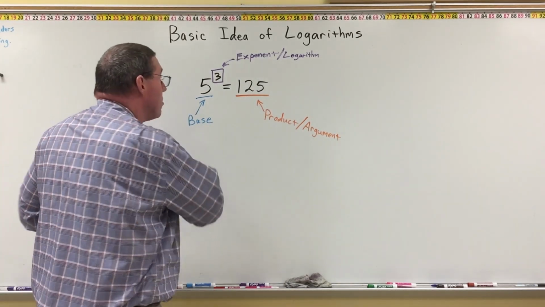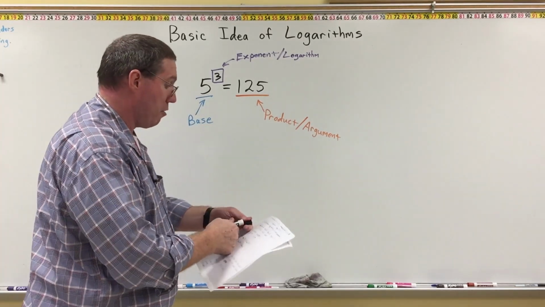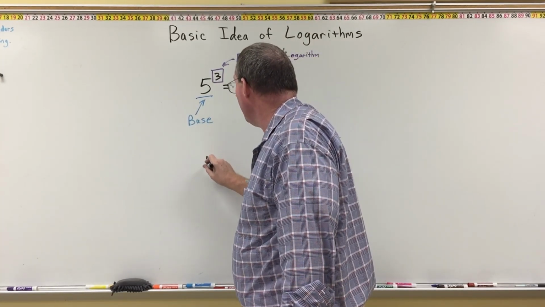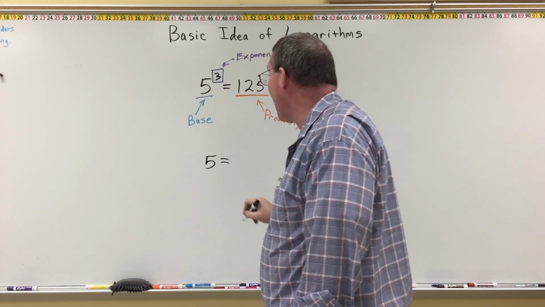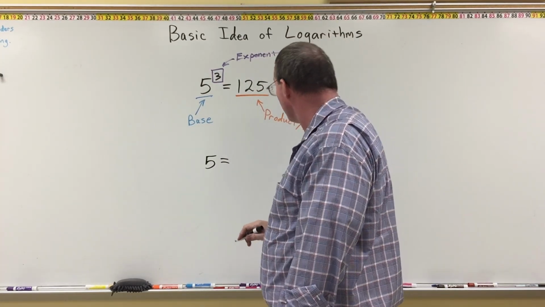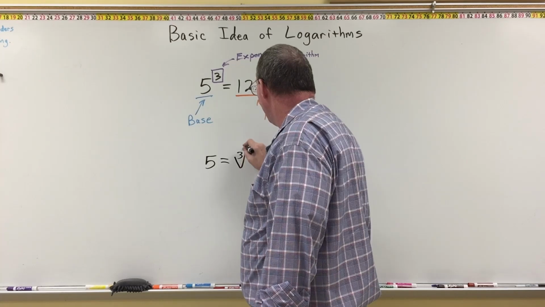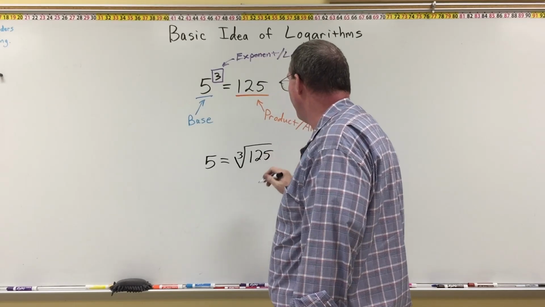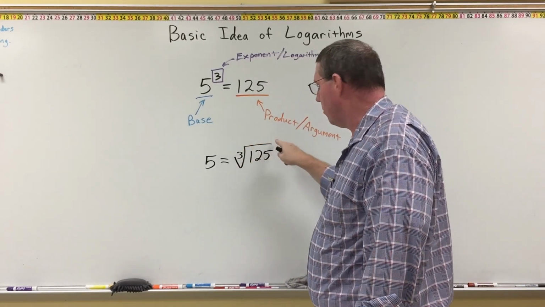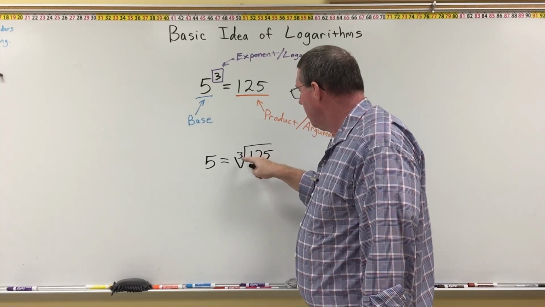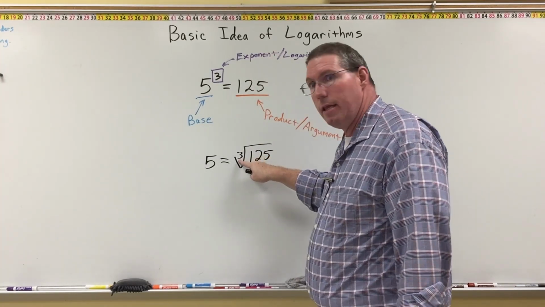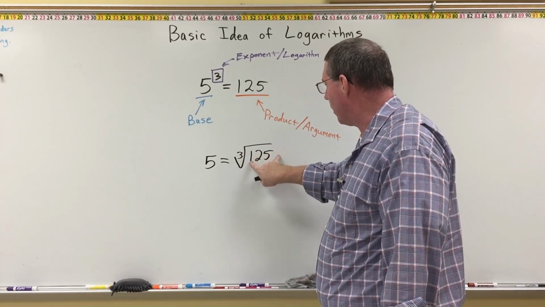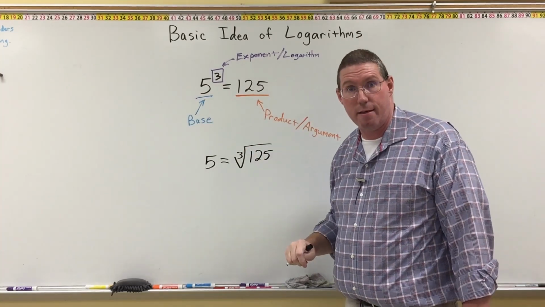And so we have already seen when we did rational exponents that we can rewrite this by putting the base by itself. We can say that the base is equal to the exponential root of the product 125. So if we were to do a radical symbol and put the exponent in what's called the index of the radical, put the product underneath the radical, it would be equal to whatever the base is, okay?